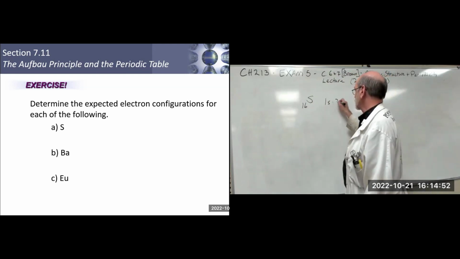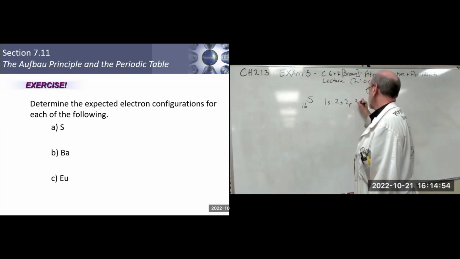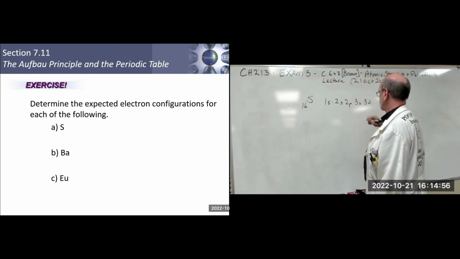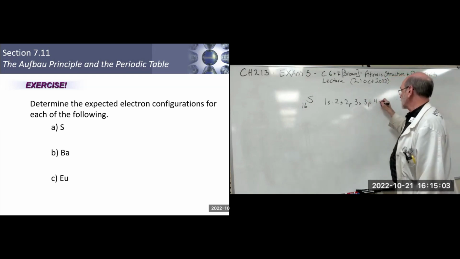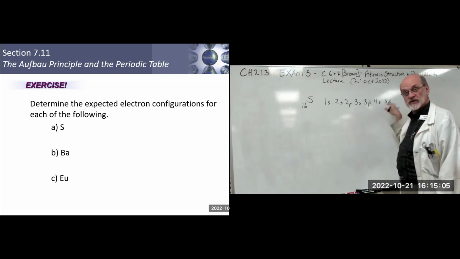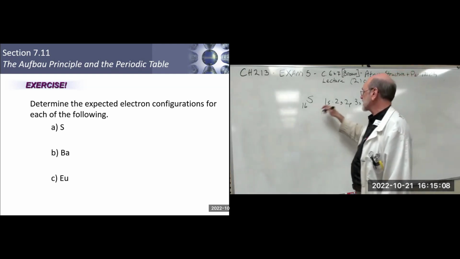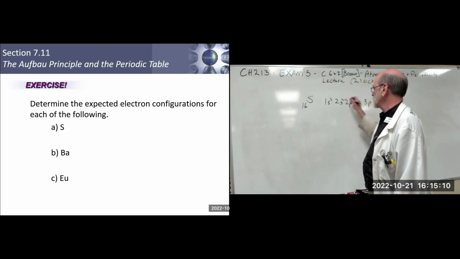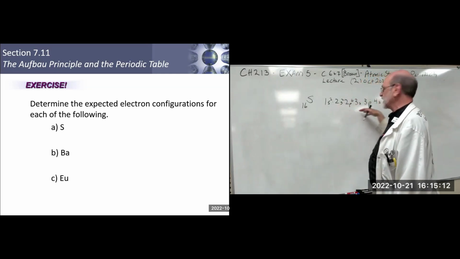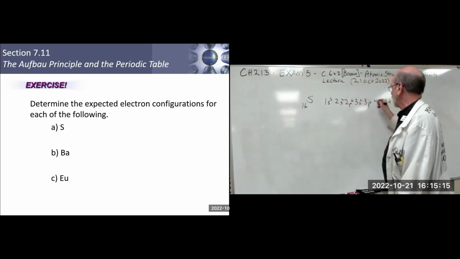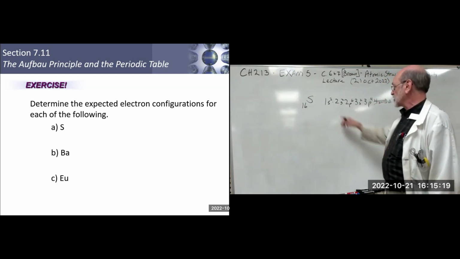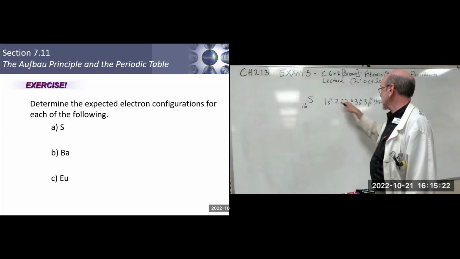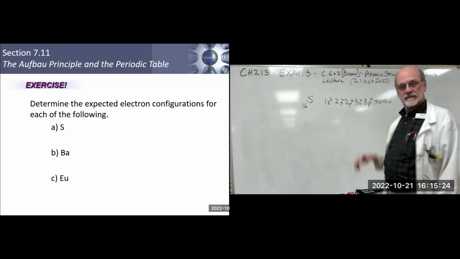So you can have 1s, 2s, 2p, 3s, 3p, and then we could go 4s and then 3d. Remember, it switches back. So 16. 2 maximum there, 2 there, 6 there. That's 10. We need 6 more. 2, we need 4 more. So we don't need these. So that should be 2, 6, 10, 12, 16. That's it.